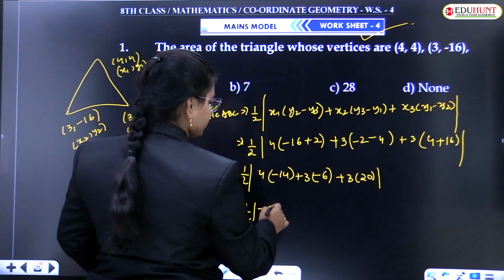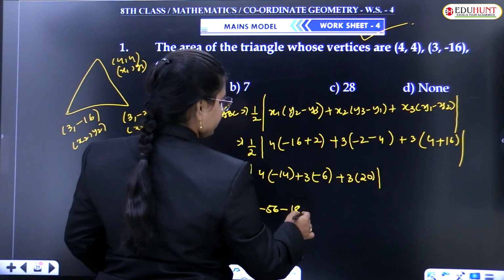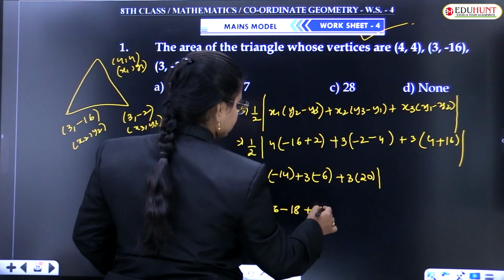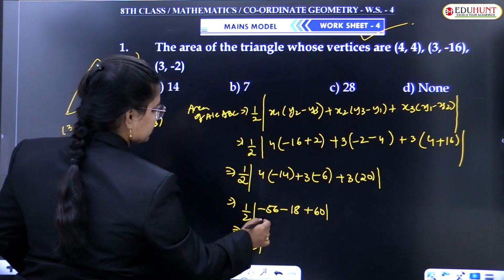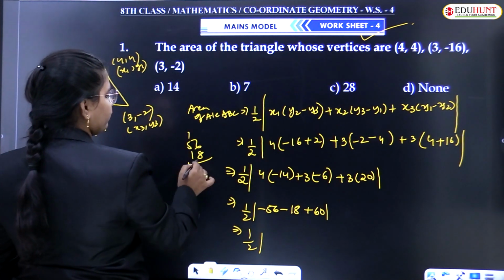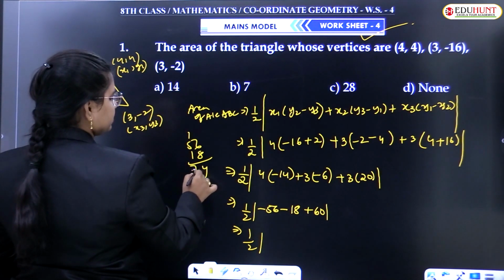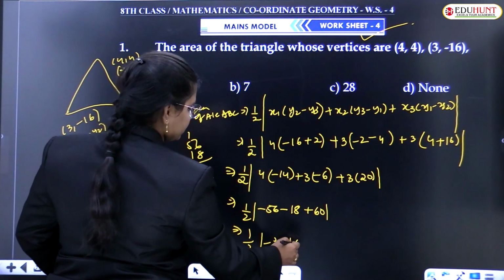Minus 56. And this is minus 6, 3s are 18, plus 60. Okay. Half, 56 minus 18, so this is 74. Minus 74 plus 60.